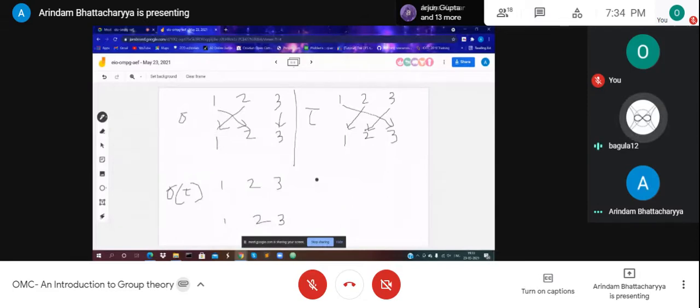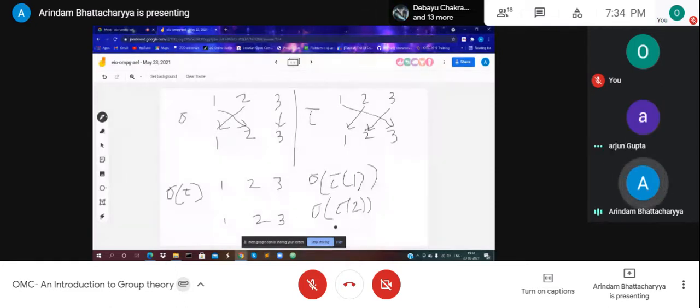And for 3, 3 gets mapped to 2 in tau, and then 2 gets mapped to 1. So altogether, 3 gets mapped to 1. Correct. Any doubts in this mapping of permutations? No doubt.